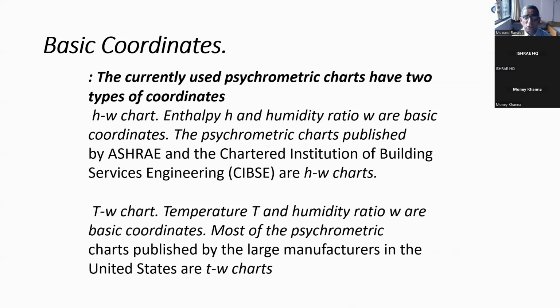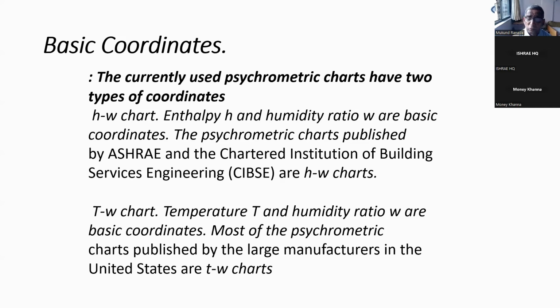There are two basic coordinates. One is the enthalpy and moisture chart, which is called the HW chart, where the psychrometric chart is plotted using the enthalpy scale and the humidity scale, and the dry bulb temperature is the derived function.